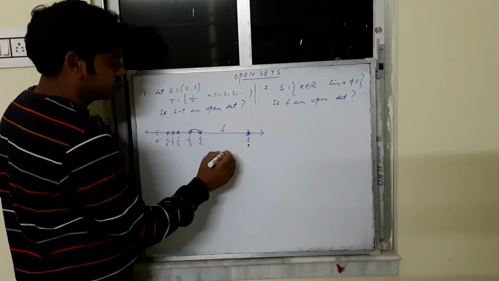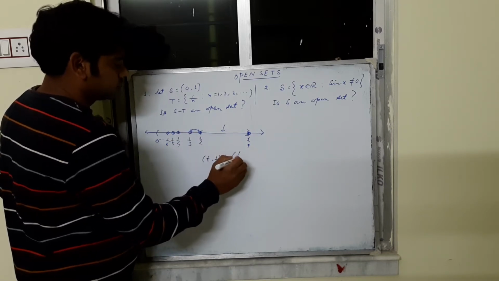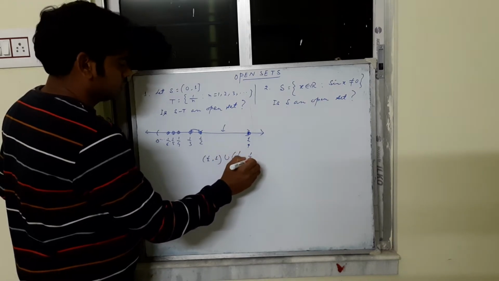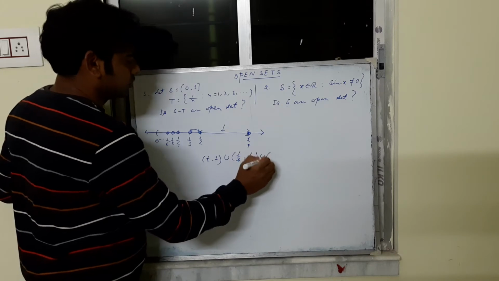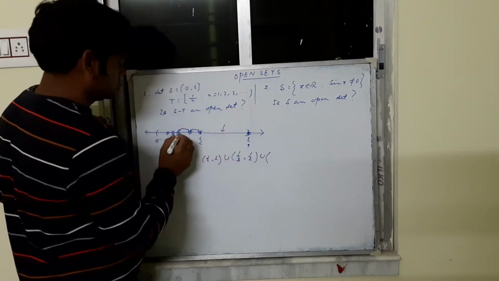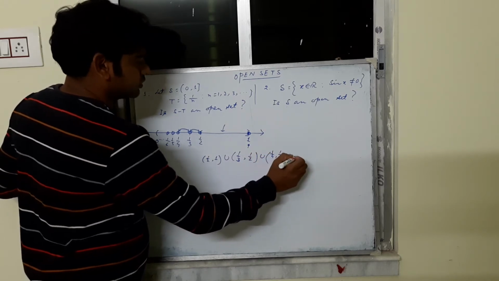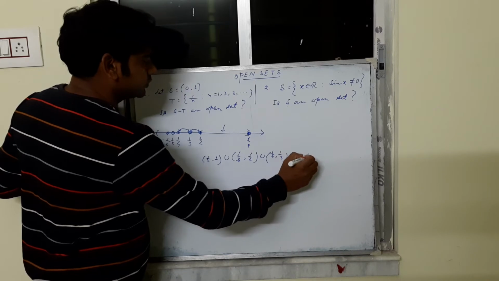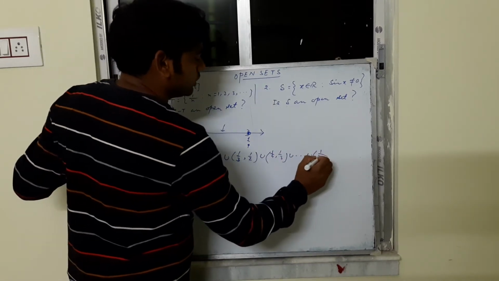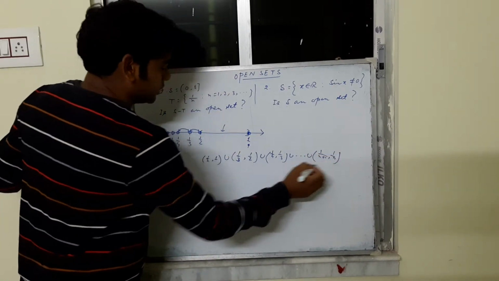Next, this open interval we will get, so its union is 1 by 3 and 1 by 2. And similarly we will get the third set as the open interval 1 by 4, 1 by 3, etc. Similarly, if we proceed, we will get 1 by n plus 1, 1 by n. So this is the nth term.